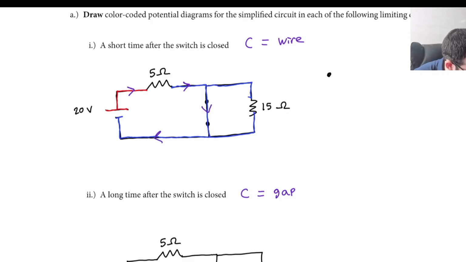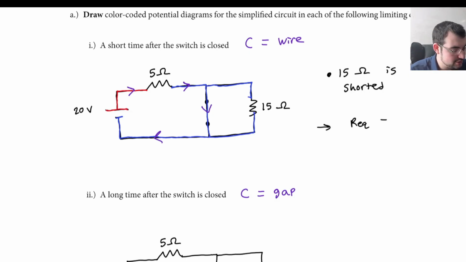This means the 15 ohm is shorted. So that actually means REQ, it's not 20. It's actually just 5 ohms. Because that 15 ohm resistor gets ignored. It must be. Both sides of it are at the same potential. Because this current sees a free path back to the battery.